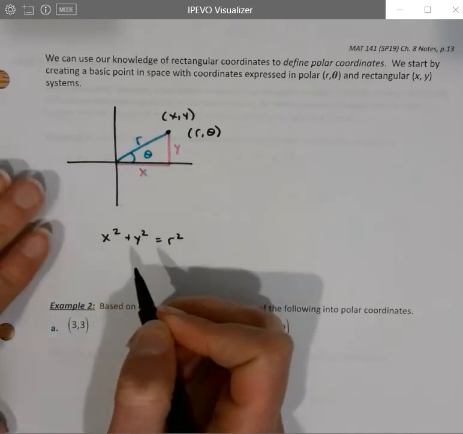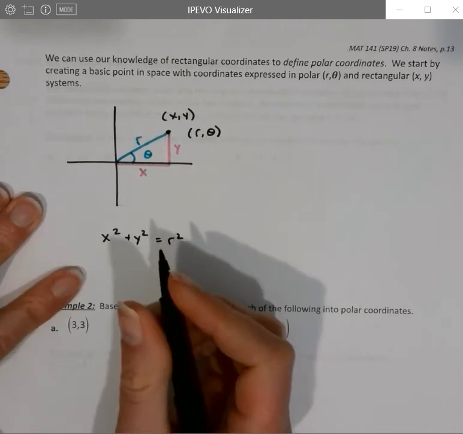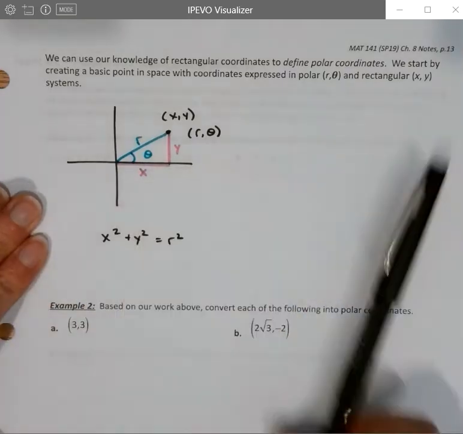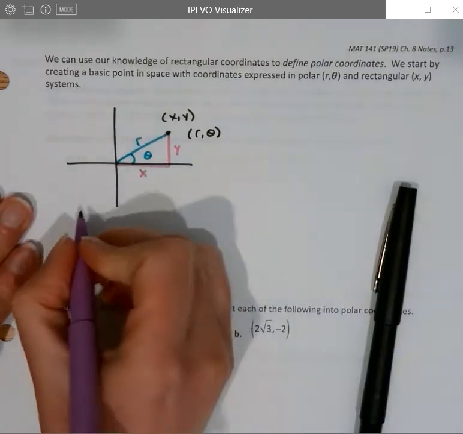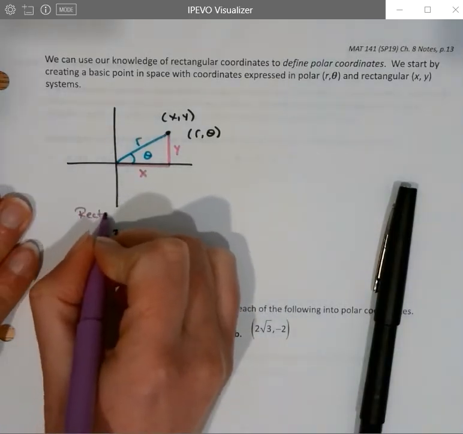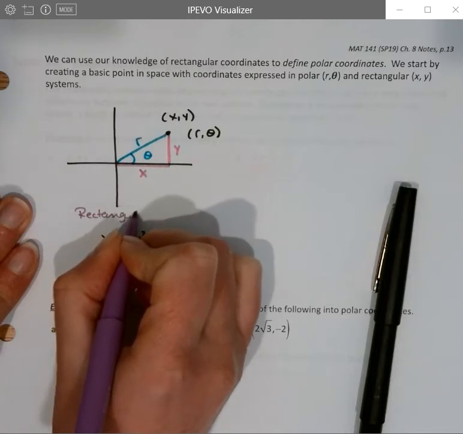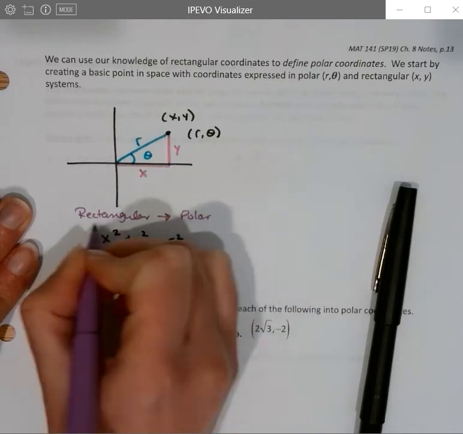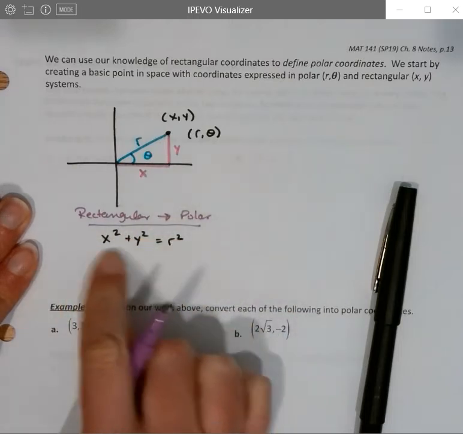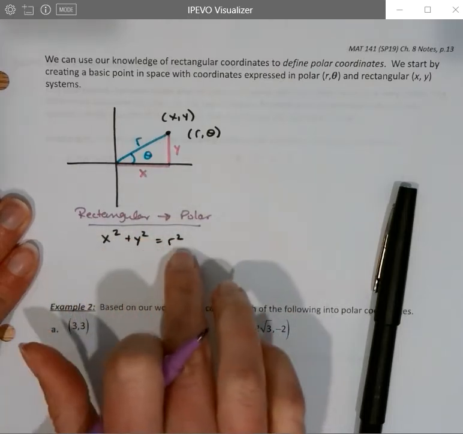Okay. Another thing that I could use, so let's start labeling. If I have rectangular and I want polar, so from rectangular to polar, this is one of the things I could use. If I take x squared plus y squared, I can solve for r squared.